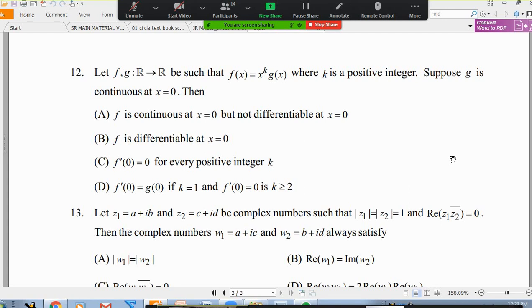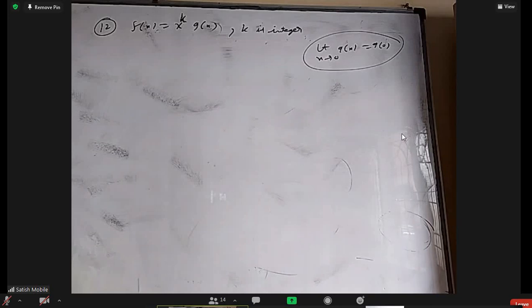Okay, so what are the different things given in the question? f of x is equal to x power k into g of x, and k is an integer. g is continuous, so limit x tends to 0 of g of x is same as g of 0.